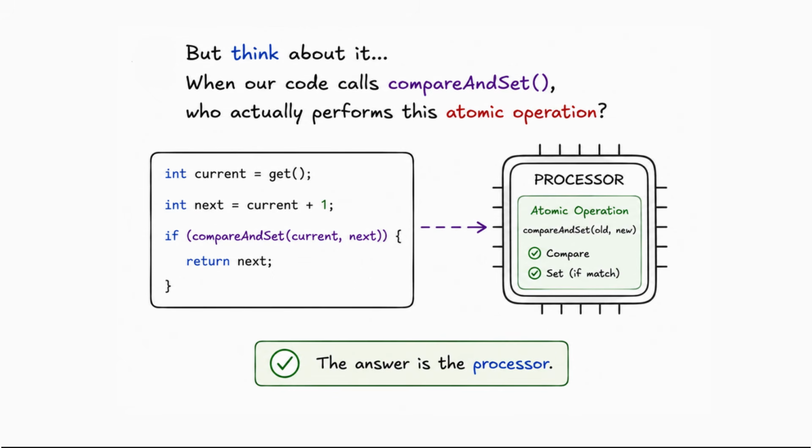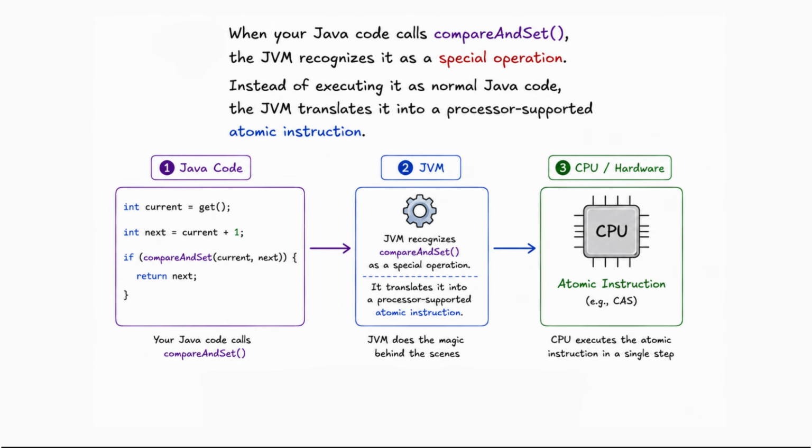But think about it, when our code calls the compare and set method, who actually performs this atomic operation? And the answer is the processor. When your Java code calls the compare and set method, the JVM recognizes it as a special operation. Instead of executing it as normal Java code, the JVM translates it into a processor supported atomic instruction.